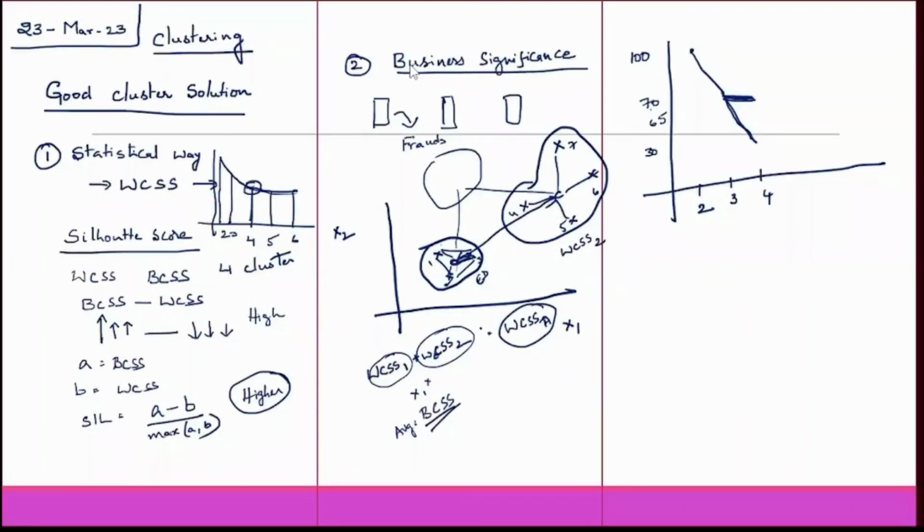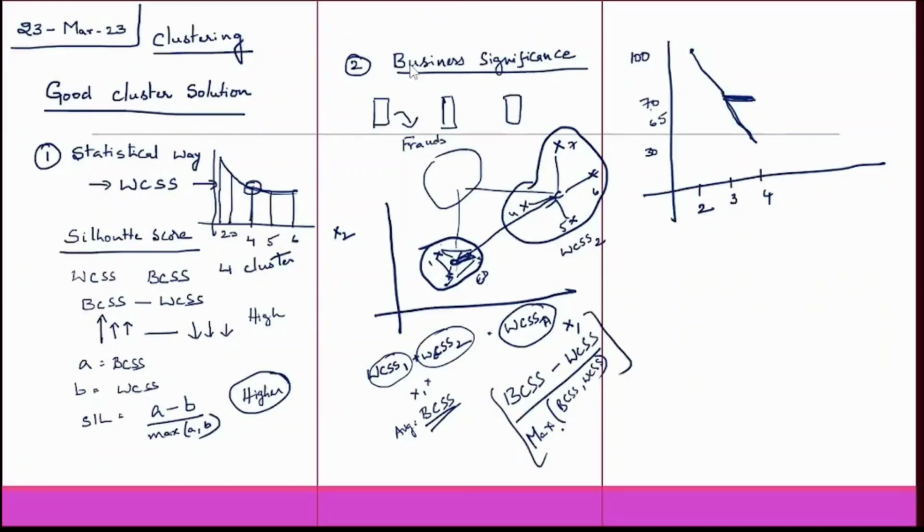So if I take the between cluster sum of squares average minus the within cluster sum of squares, and divide it by the maximum of between cluster sum of squares and within cluster sum of squares, this is what we call a Silhouette score, right?